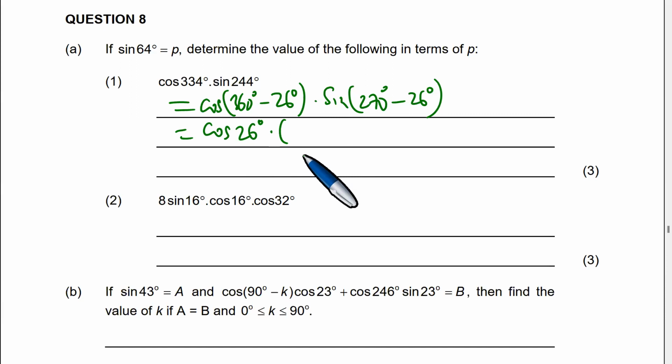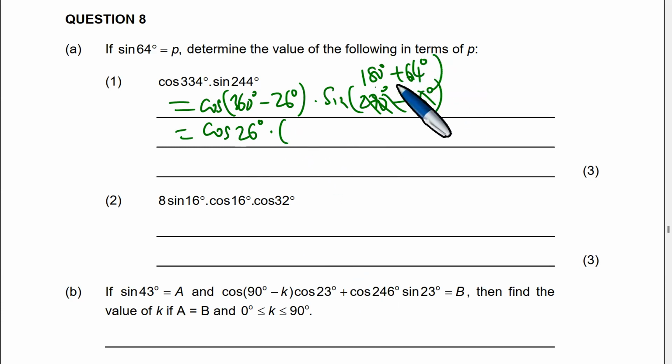Okay. So you can choose this one, but let's use this one here. Let's use 180 degrees plus 64. In which quadrant is this?